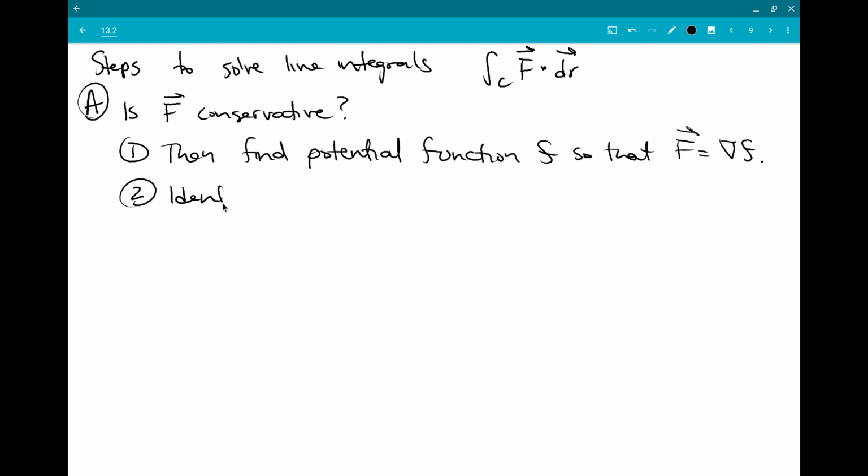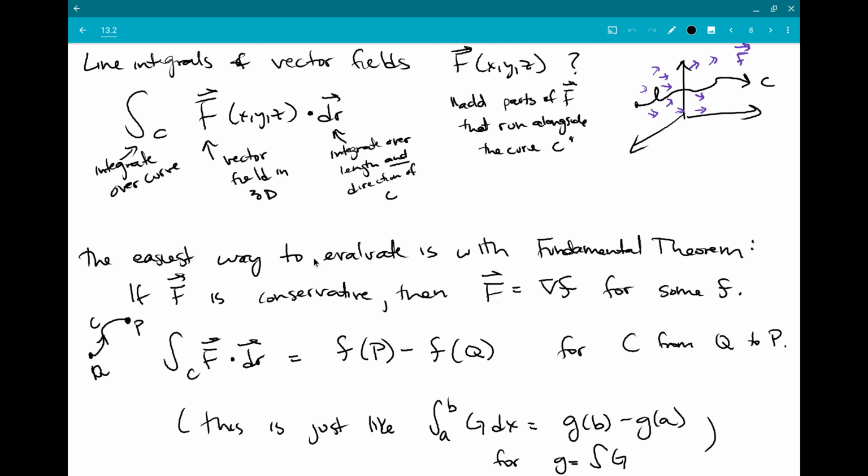And you just have to identify the endpoints of C, so that C is something that goes from, I think I said Q, and ends at P, just like in that picture over there.